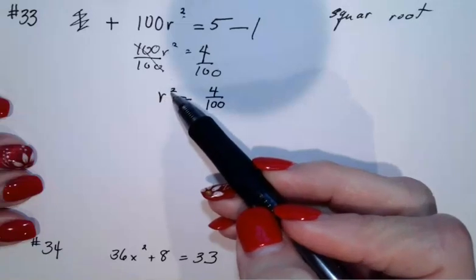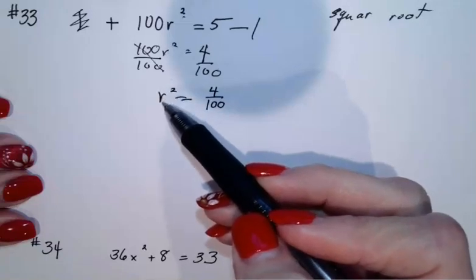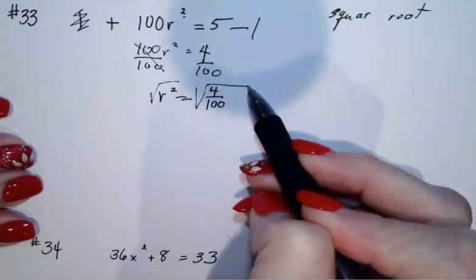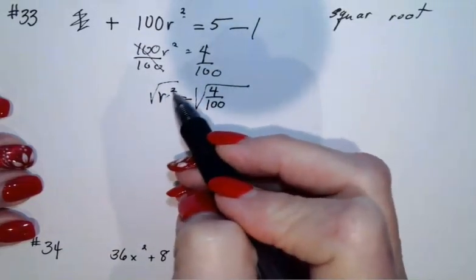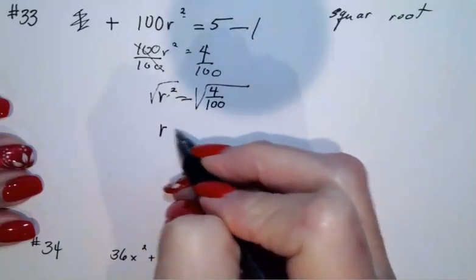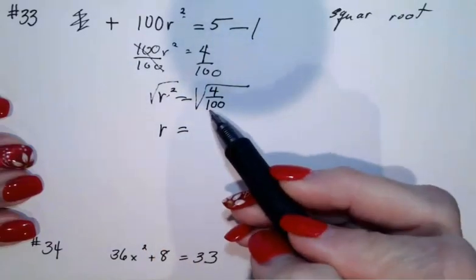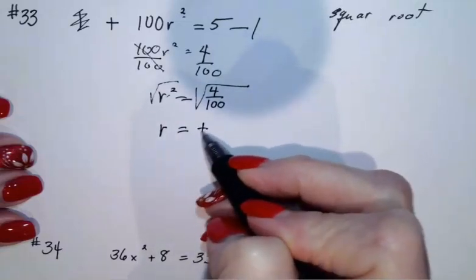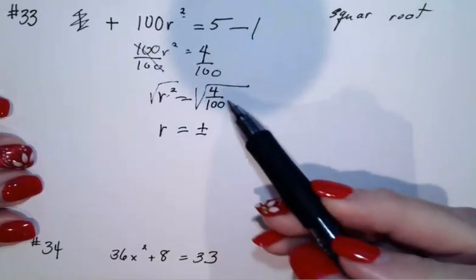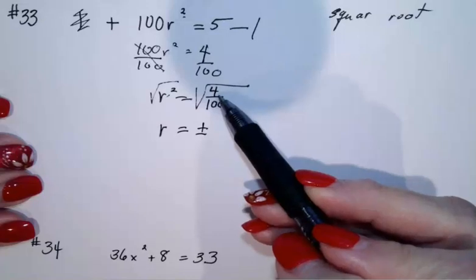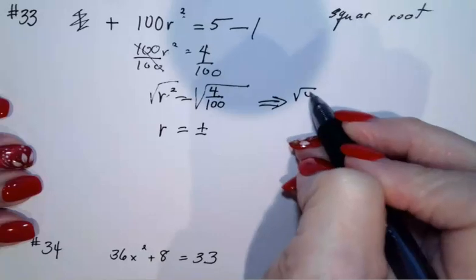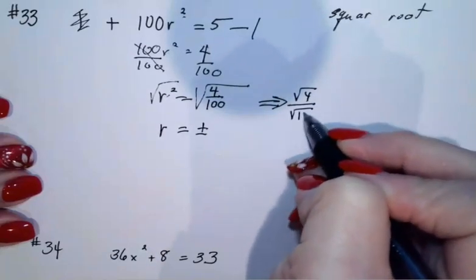So the opposite of squared is square root. So I'm going to take square root and square root. So the square root of a square, that's just an r. Since we are taking a square root, that's a plus or minus. Now, what's the square root of 4? Because you can write this the same way. You can write square root of 4 over square root of 100.